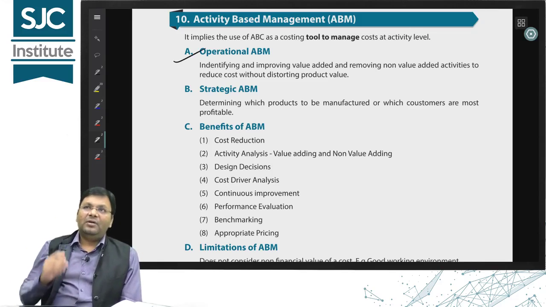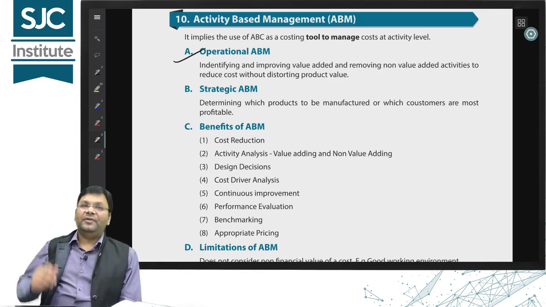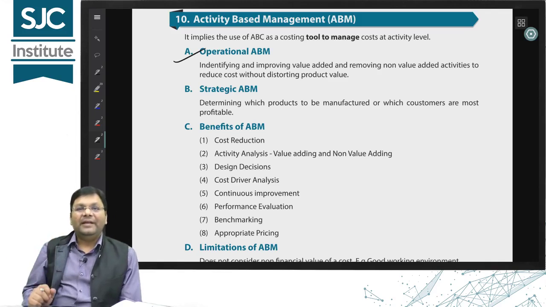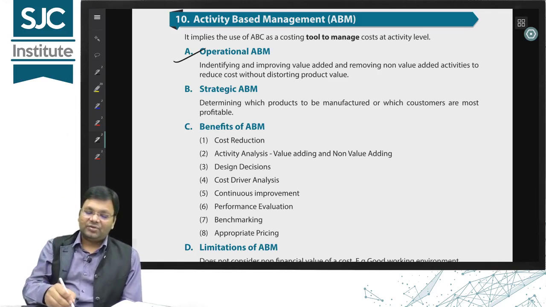Secondly, we can always think of making a new kind of product, a new different product, which by its nature will consume fewer activities, will be produced in the least number of steps, least number of activities. So if you are planning to have a product designed in a manner that by nature has the least number of activities or will only have value adding activities, then it is strategic ABM.